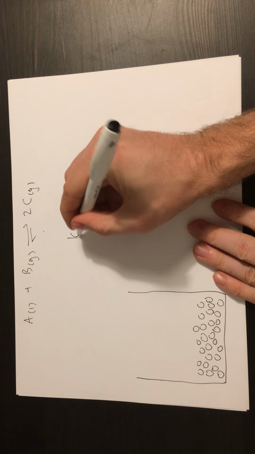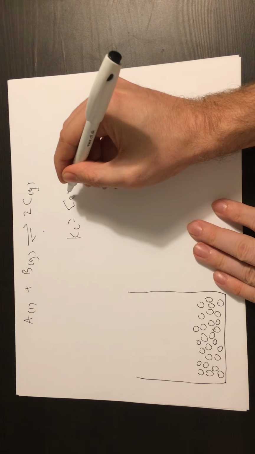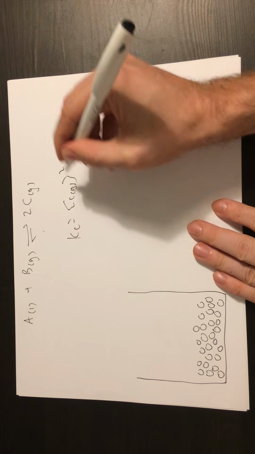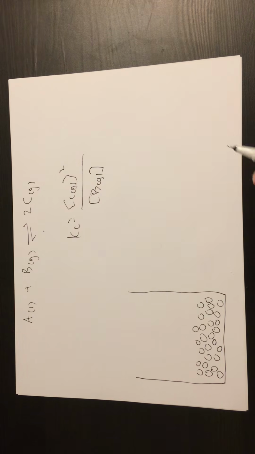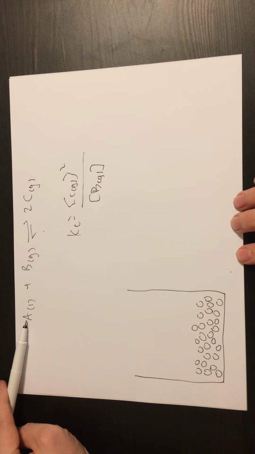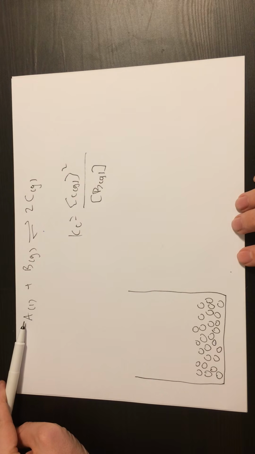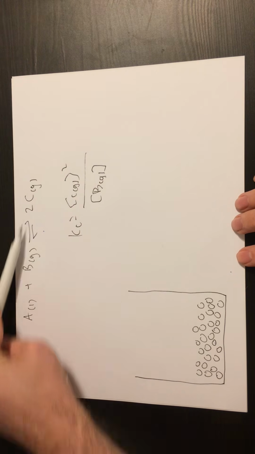So my Kc expression here would be C gas squared over B gas. We're not going to include the concentration of this liquid as it's the only liquid in our equilibria.